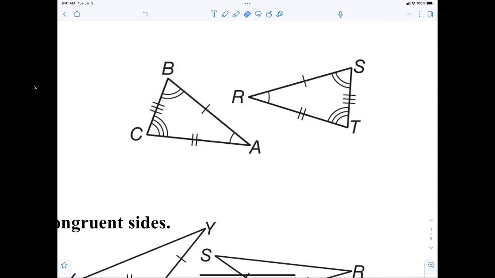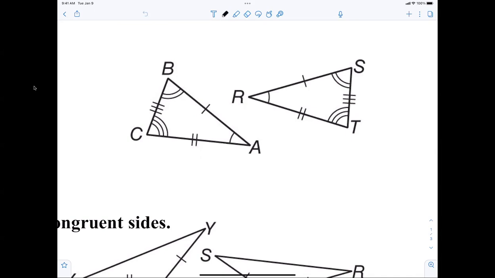AB corresponds to what? Not SR. AB does not correspond to SR. It seems like it should, correct? Because, in fact, the measures are equal, correct? But we're talking specifically about the triangle. So what am I saying?